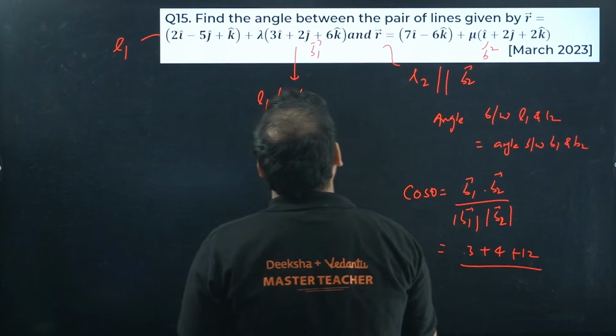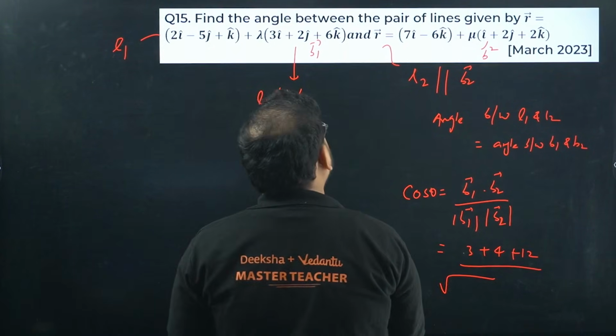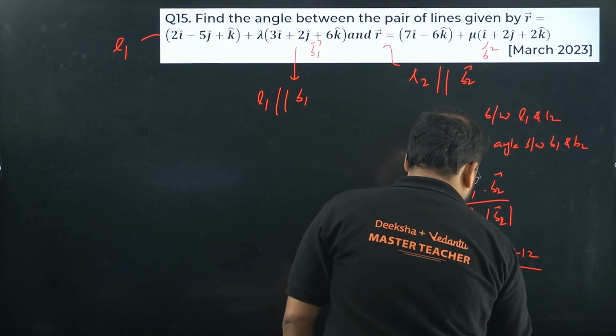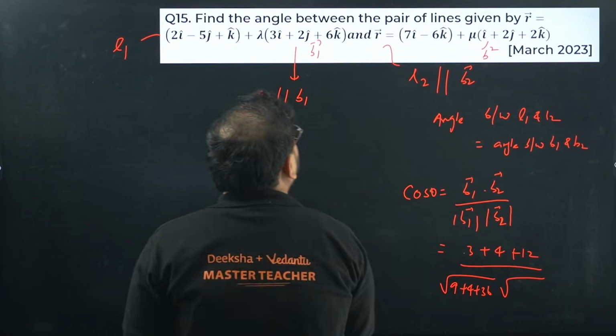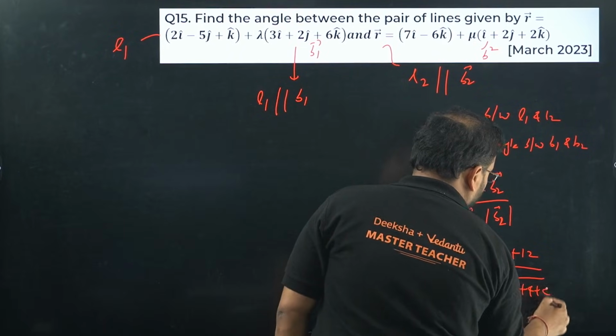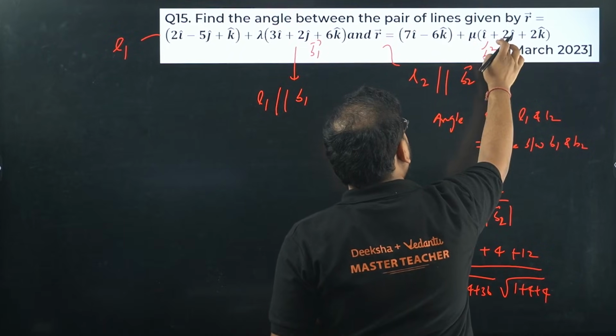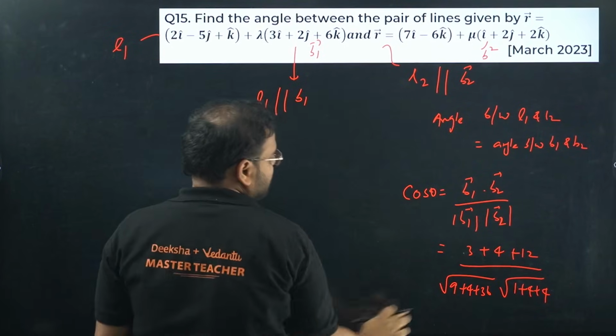And their modulus: this modulus will be 9 plus 4 plus 36, and this will be 1 plus 4 plus 4. How come, sir? Square of this: 1, 2 square is 4, and this 2 square is again 4. Here, 9 plus 4 plus 36.